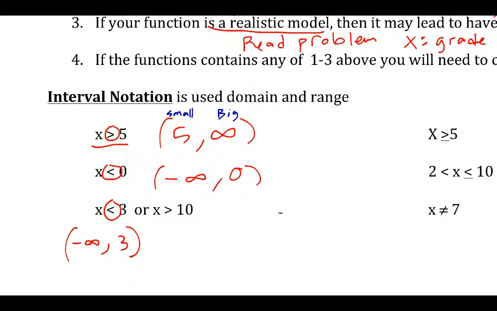Or is a funny symbol. It's a U symbol we put in there. It means or, in union. Mathematically, a union is an or. Some other plays on words in there, but 10 to infinity. You stats people or probability people probably remember dealing with that. Okay, interval notation itself is a little bit tricky.